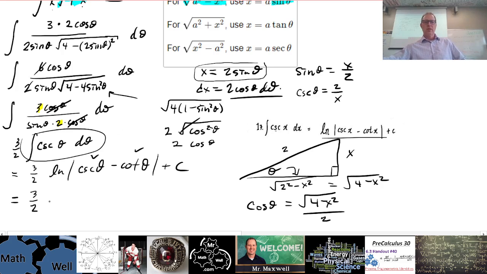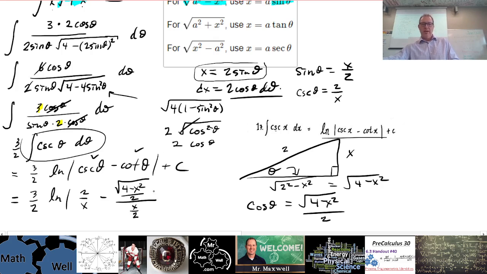So it's 3 over 2 times the natural logarithm of absolute value of 2 over x minus, and cos over sine is cotangent. So I've got root 4 minus x squared over 2 divided by sine, which is x over 2.